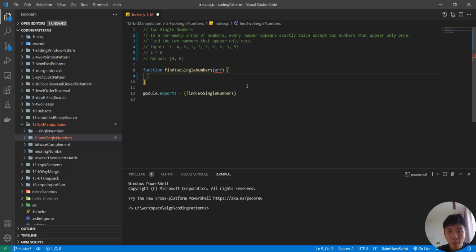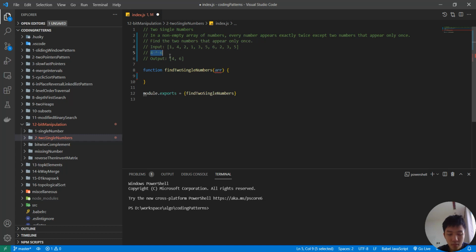We do the same here. The idea is we XOR everything to get the two single numbers, in this case 4 and 6. But after that, how do we find those numbers?